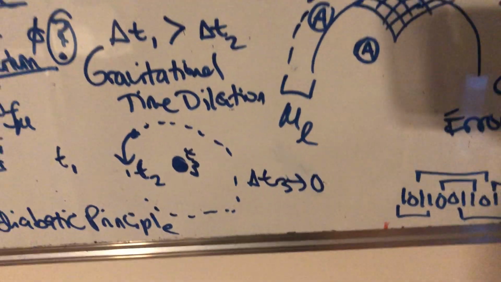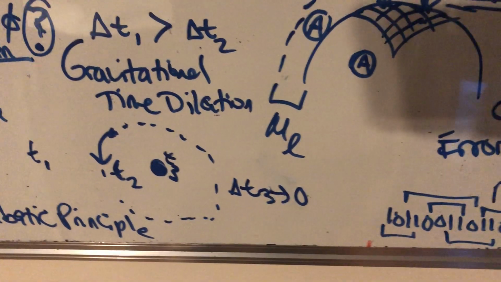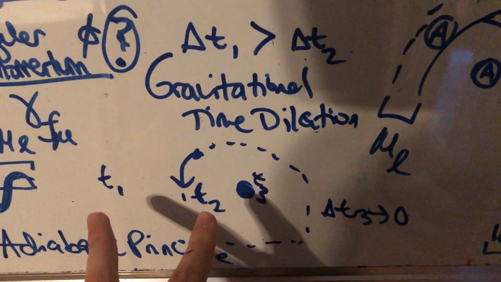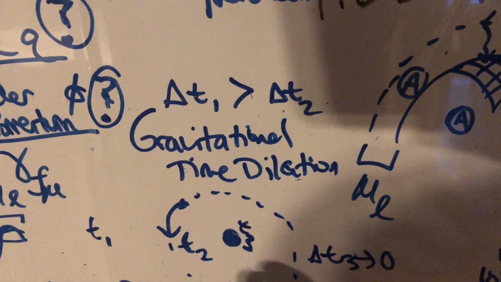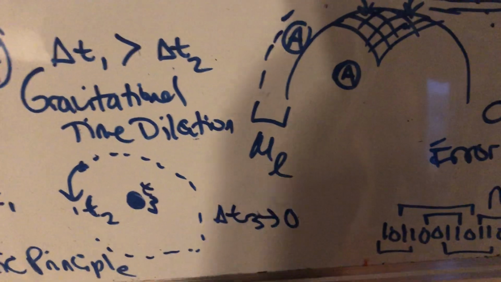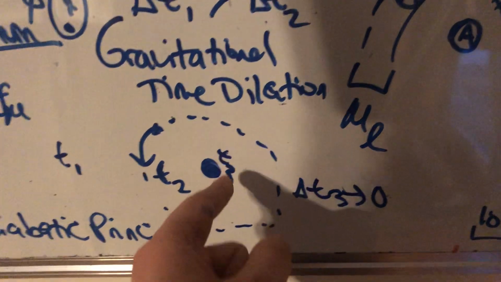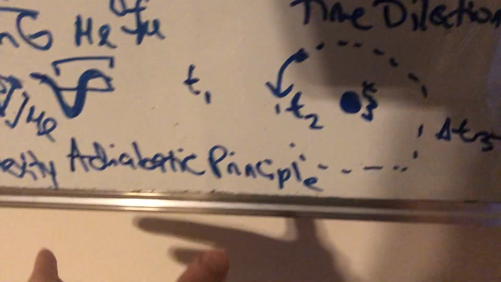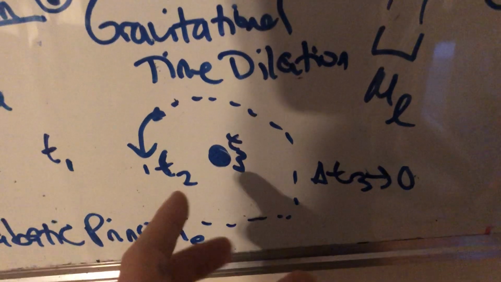So first, let me start off with this idea called gravitational time dilation, which essentially means that the rate of change in time when you're closer to the black hole compared to further away is slower. So you experience more time, essentially, until you get to the surface, and it's essentially an infinite amount of time. The adiabatic principle says you can essentially enter the black hole as long as it's not charged and there's not like a firewall, and you won't feel it.